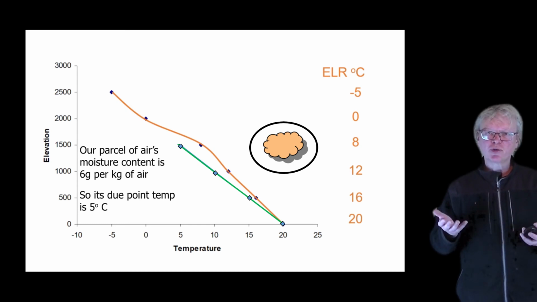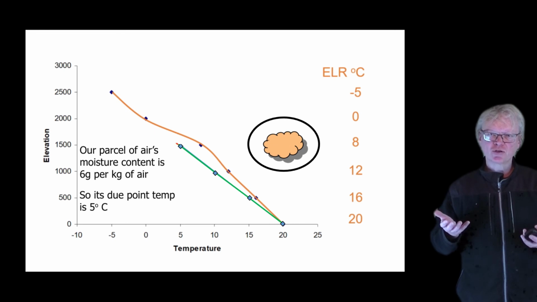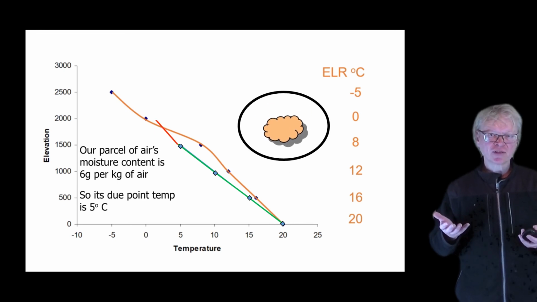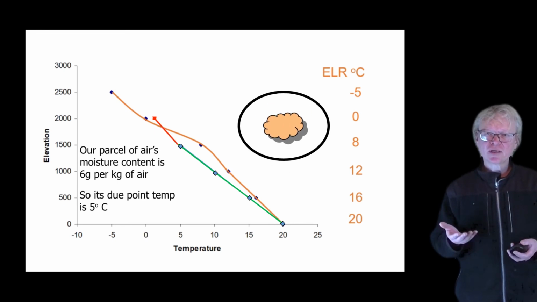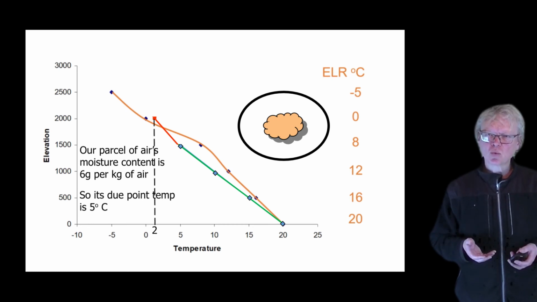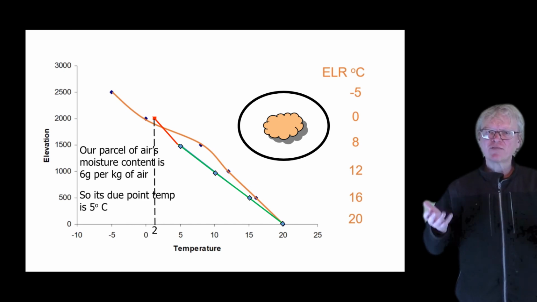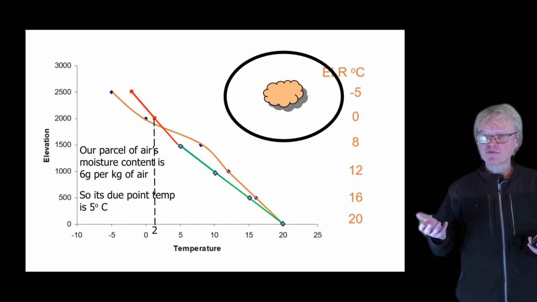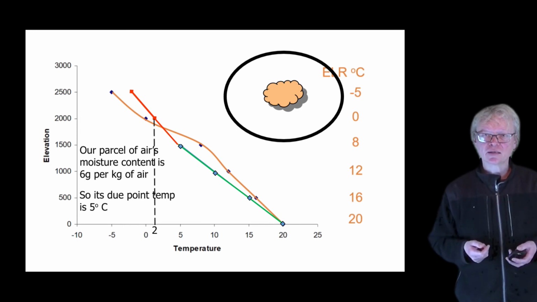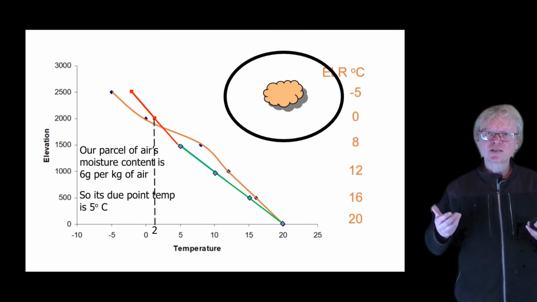Whereas before, the temperature of that air parcel as it got to 2,000 metres was 0 degrees, look at its temperature now. It's not 0 degrees, it's slightly warmer. It's 2 degrees. And then at 2,500 metres, it was -5 degrees in our earlier example, but now it's -2 degrees.